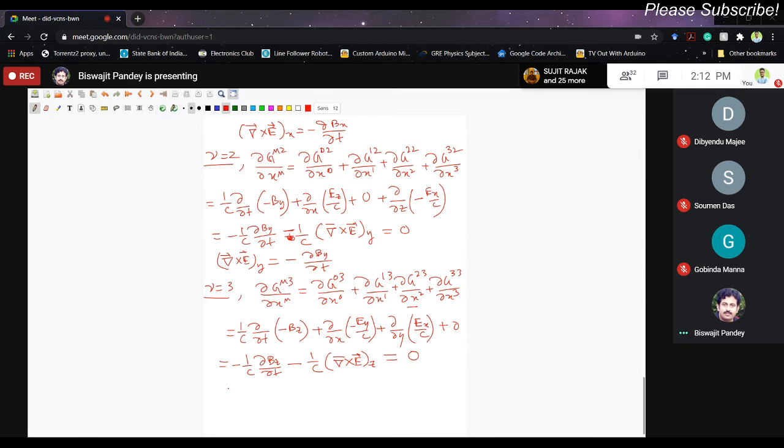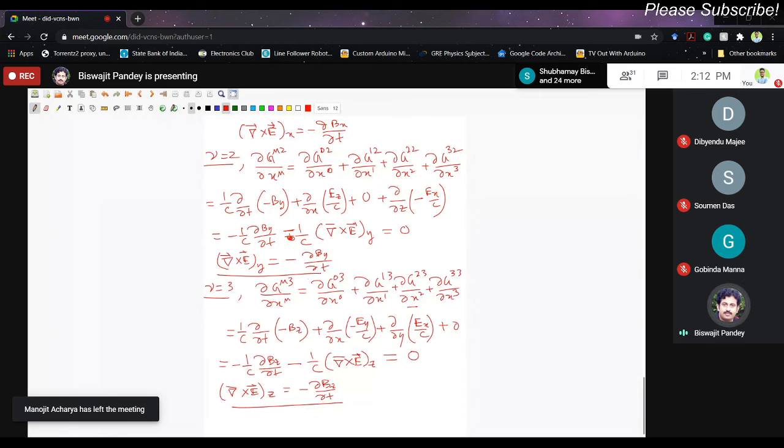So then again we have curl of E z component equal to minus del Bz del t. And if you combine this equation and the other one, which was this equation, right?